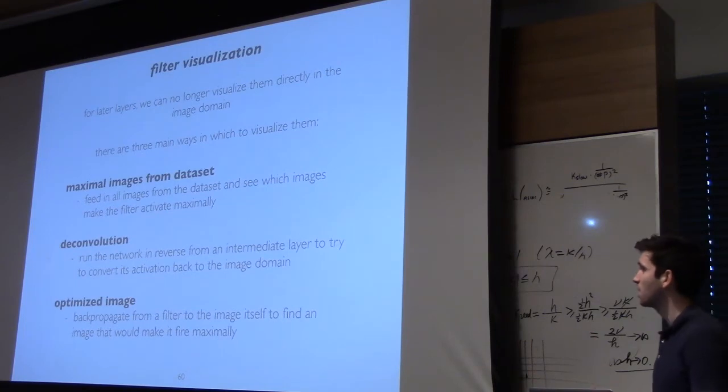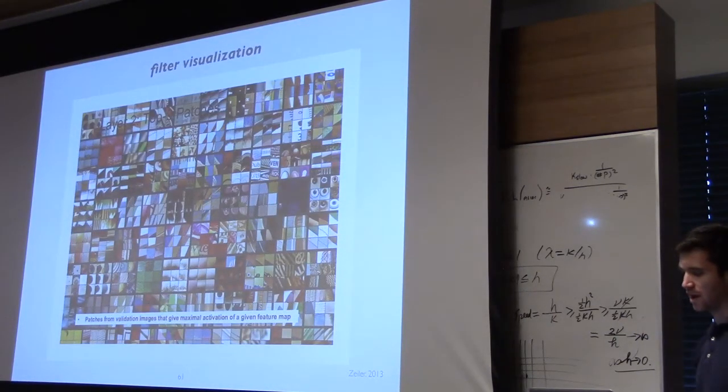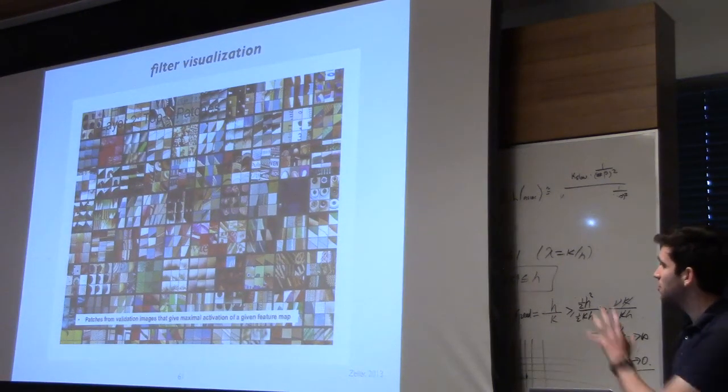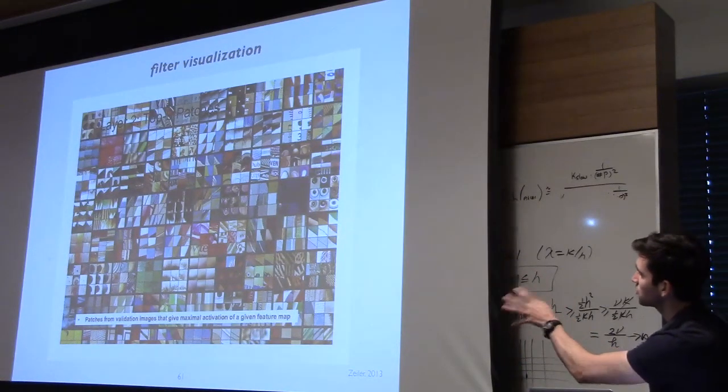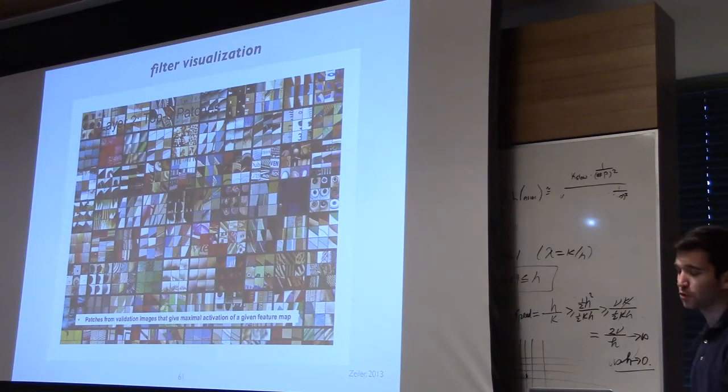It's more active. And this works somewhat, but you have to be a little careful with it, because it can give some weird results. So these visualizations are actually done using deconvolution. So these are the maximal images, and then the other visualizations that I'll show you are deconvolution.